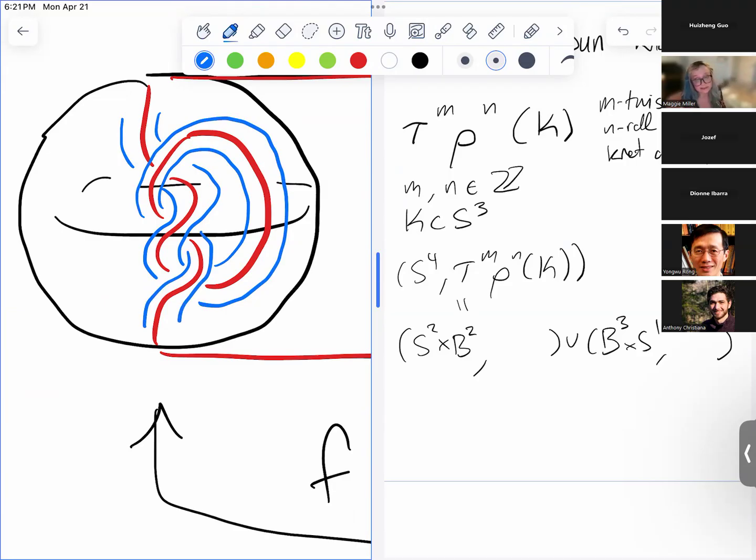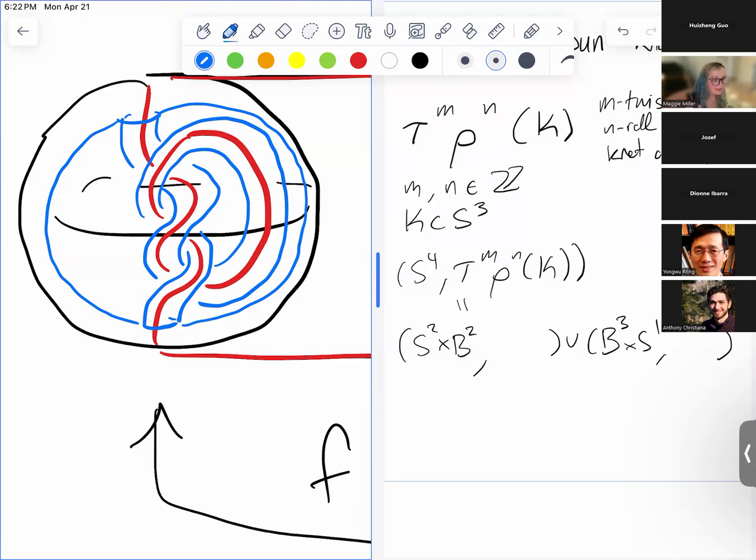This is totally in the interior of the ball. So right now this is two boundary components. And then I'm going to cap it off by another tube, an annulus, which is parallel to the boundary of the ball, like this. So in the language of satellites, it's some kind of swallow-follow torus, right? I followed the tangle and swallowed the boundary.